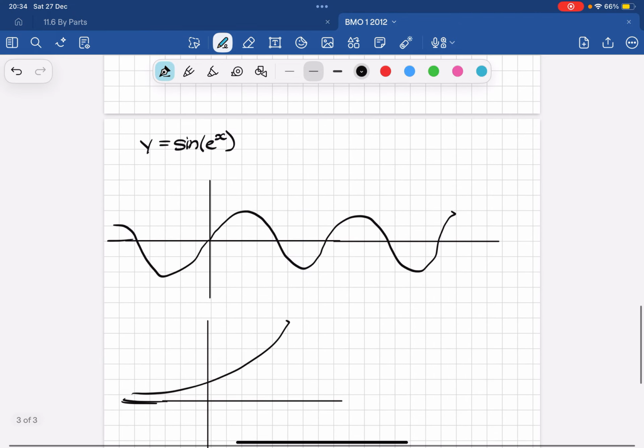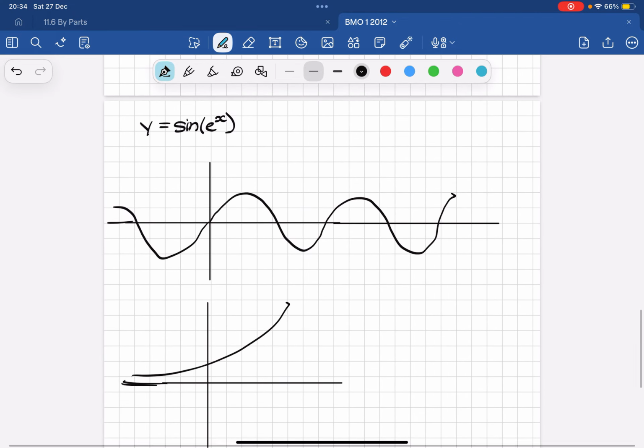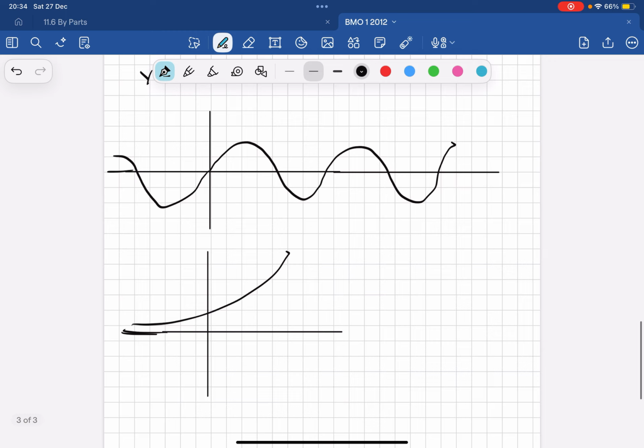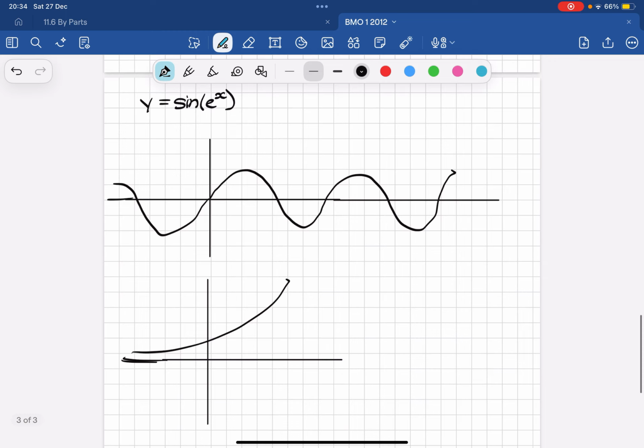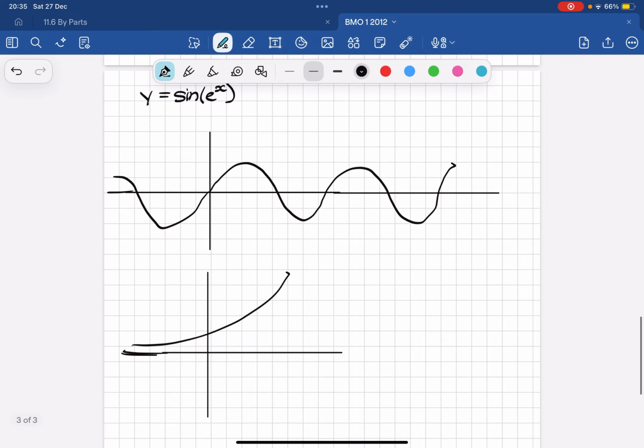Now essentially, we need to consider the domain and range for our inner function, which is e to the x. Now e to the x can take any real value x, and its range, its output, must always be greater than 0. And okay, that's fine. Now consider the domain and range for sine.